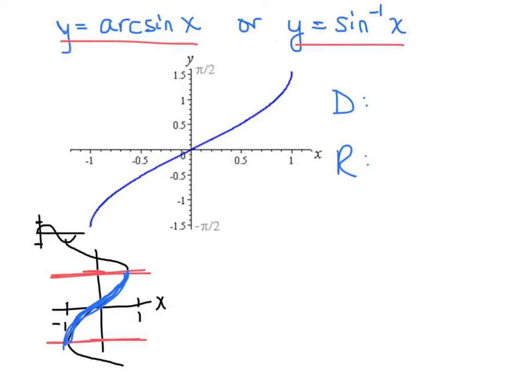Having said that, the domain is from negative 1 to 1, and the range is from negative pi over 2 to pi over 2.